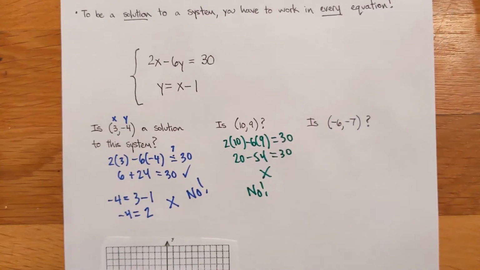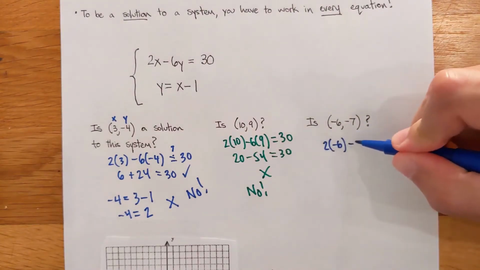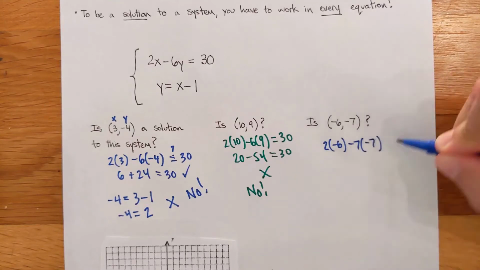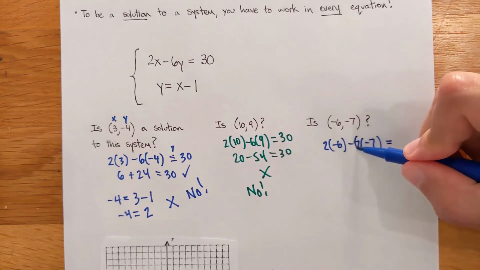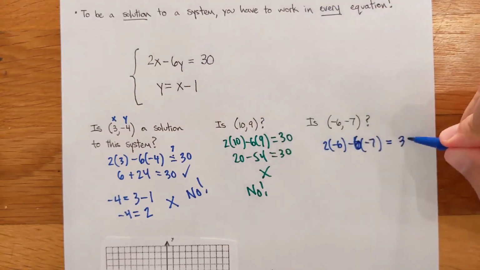And I give you one more point here to plug in: negative 6, negative 7. Starting with my first equation, I would do 2 times negative 6 minus 7 times negative 7. Wait, hold on, sorry. This is a 6, negative 7, so it's 6y equals 30.